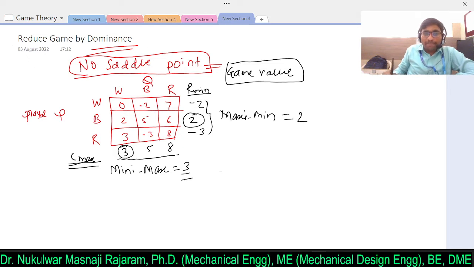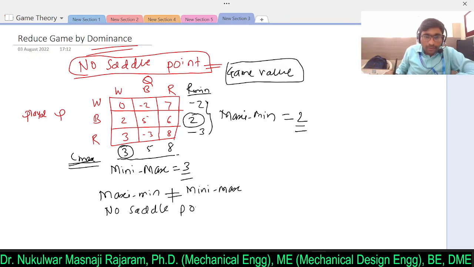Now if you compare these two values, the maximin value is not equal to the minimax value. So I can directly say that there is no saddle point.